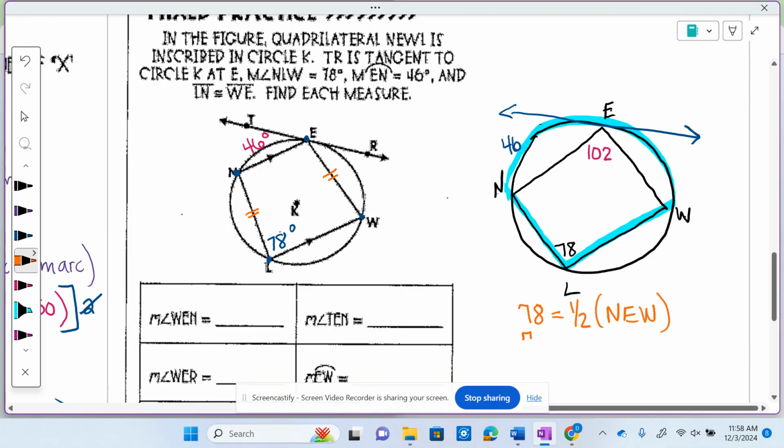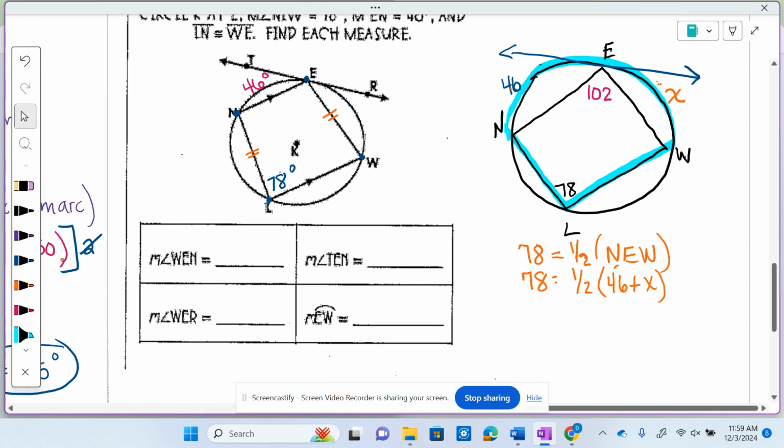I know that the arc is broken up into 46 plus, what do we want to call that other side? I don't want the answer. Let's just call this x for a second. So half of 46 plus x.